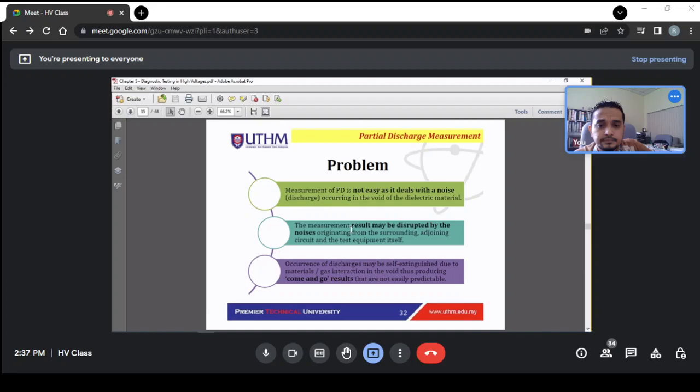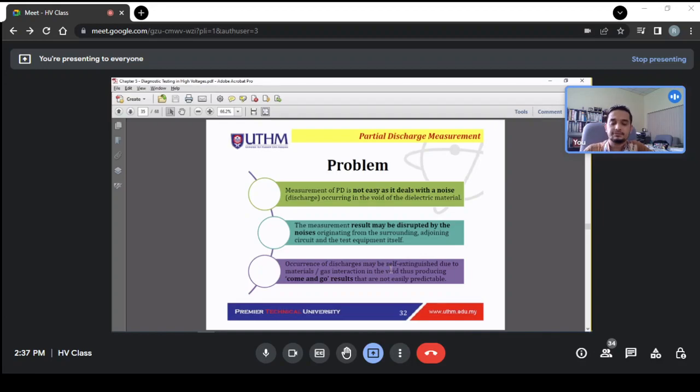The result also may be disrupted by the noise as well. So it's very difficult to differentiate whether it's the noise or it's the partial discharge. And another thing is that the occurrence of partial discharge activity will normally self-extinguish. It will come and go, sometimes there, sometimes not, sometimes there, sometimes not.